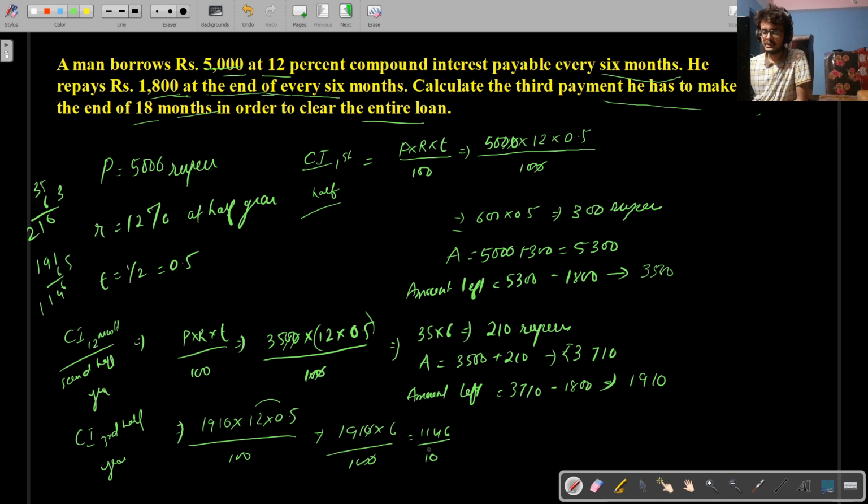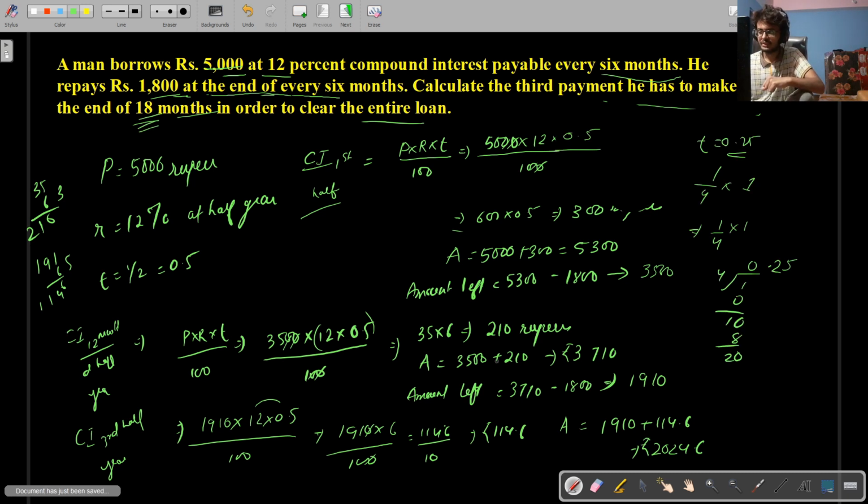When something is divided by 10 or 100 we put a decimal point, so your answer is 114.6 rupees. So the amount will be principal 1,910 plus 114.6, so this is equal to 2,024.6 rupees.